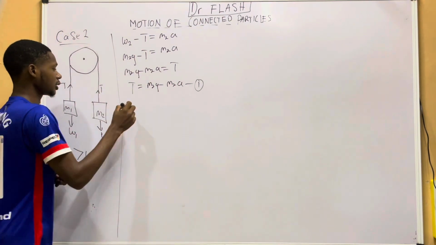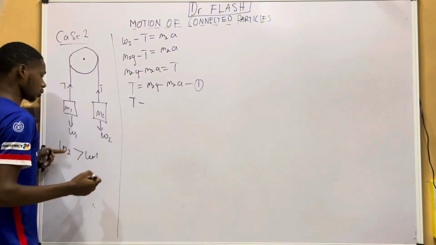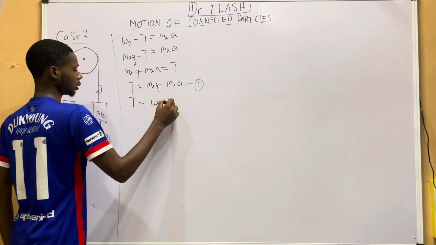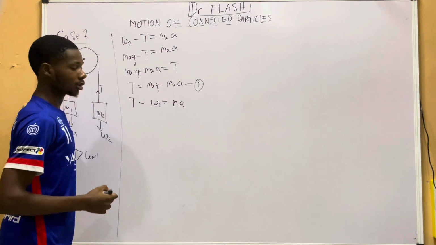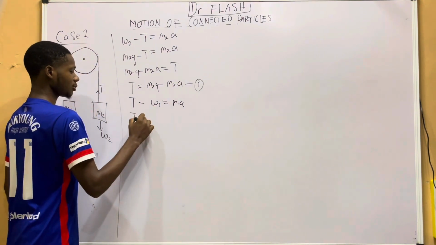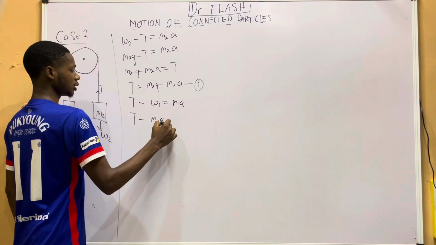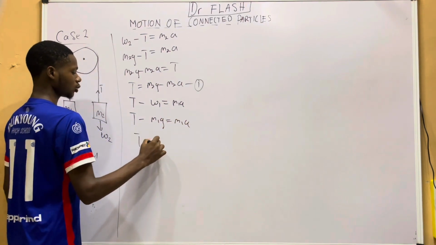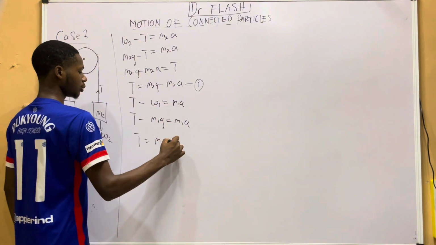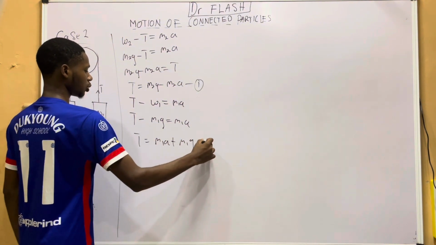So we're going to have T minus W1 equals M1A. This gives T minus M1G equals M1A. So from here, T equals M1A plus M1G. We're going to call this equation 2.